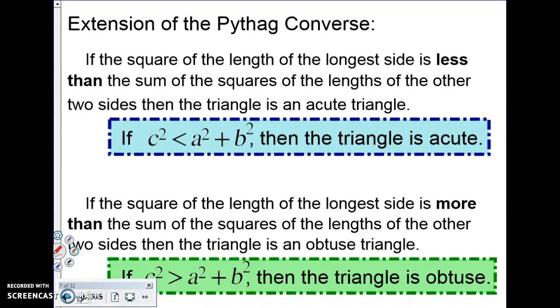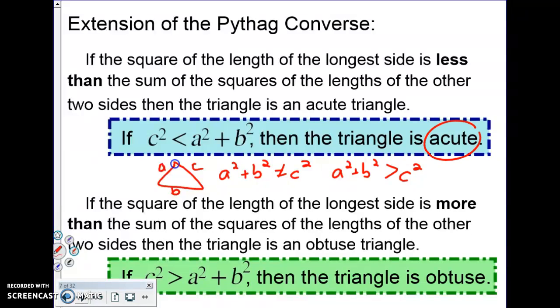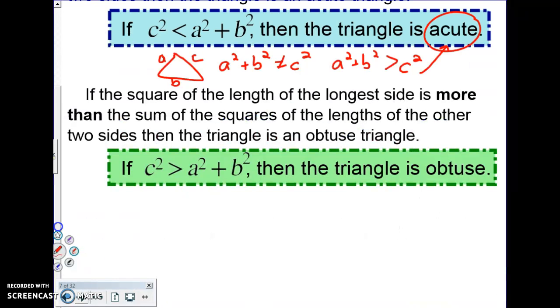So basically, if I take the longest side and set it up like this, if a squared plus b squared doesn't equal c squared, it's not a right triangle, but if a squared plus b squared is bigger than c squared, then it's acute. All right, that's what that means. And we're going to practice this in class a lot, so hopefully it'll make a lot more sense.